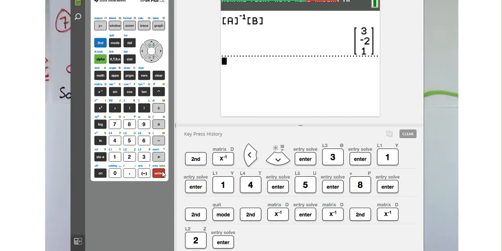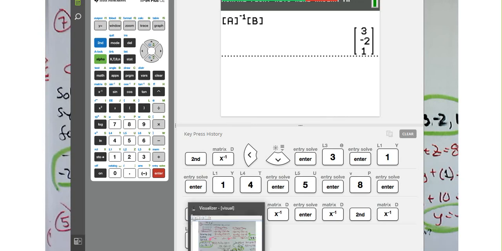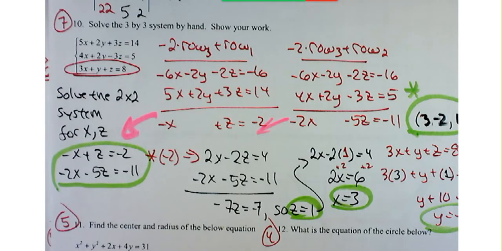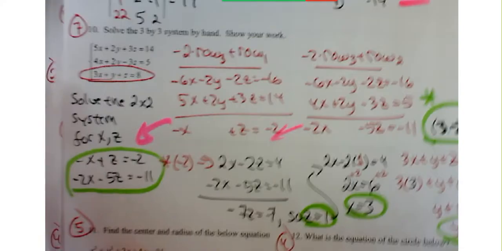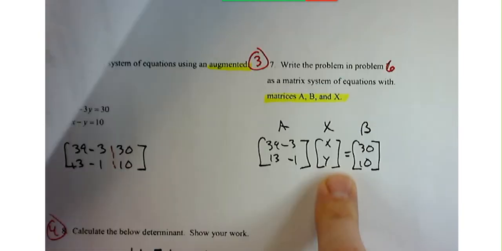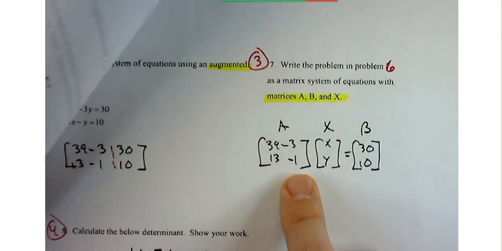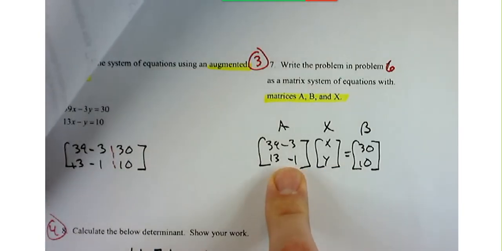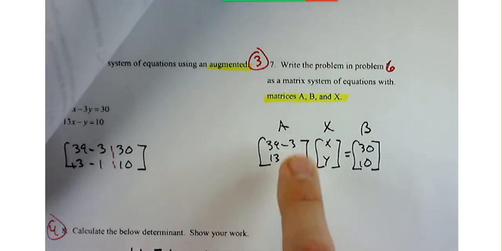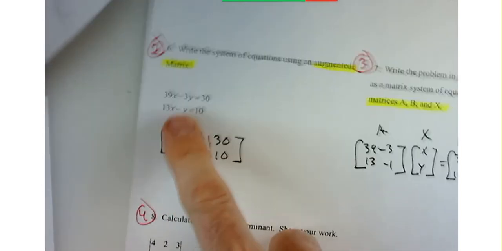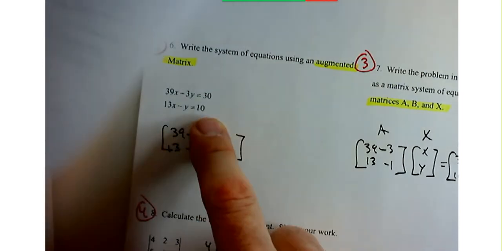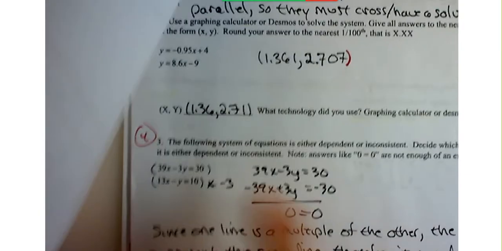But at least now you've got an idea of what I was looking for in problems 5 and 6 and the applications of it. It's kind of nice. You can write something as a matrix system of equations and solve it. Although if you tried to solve this one that way, it would say singular matrix, and that's because these two lines are essentially the same. I used those in problem number 3.